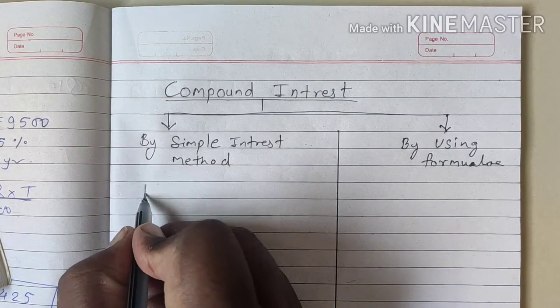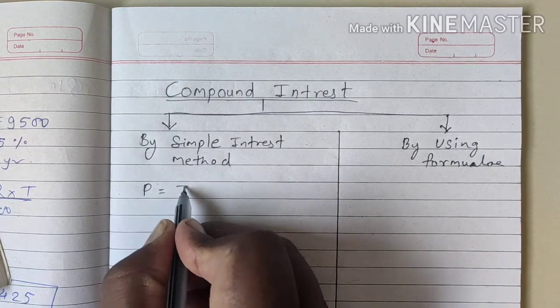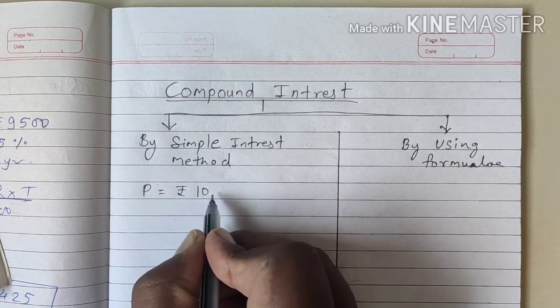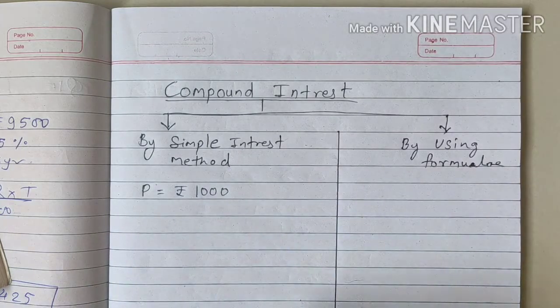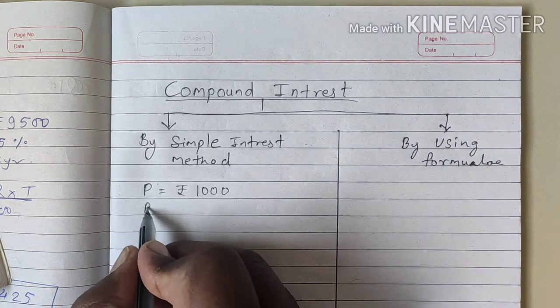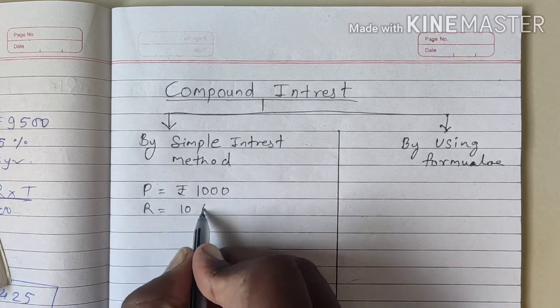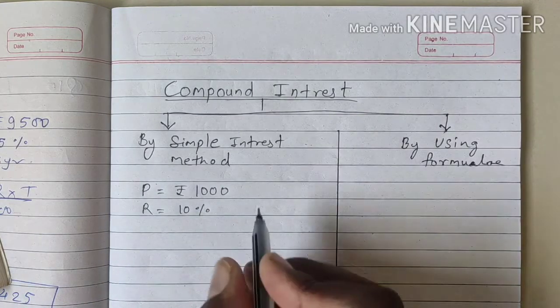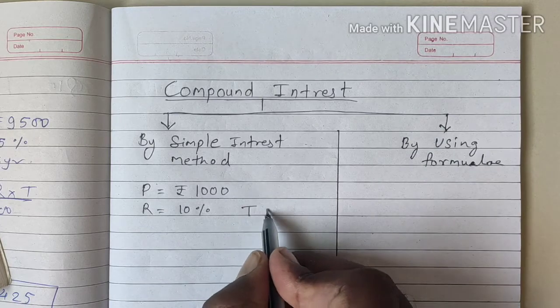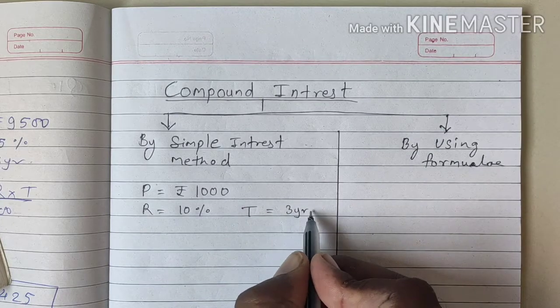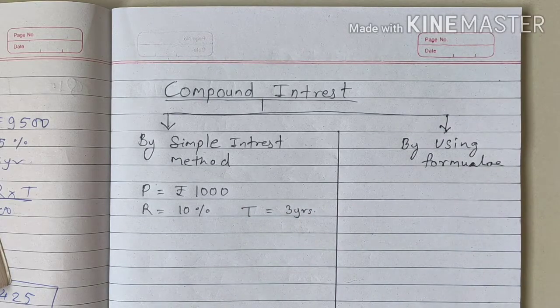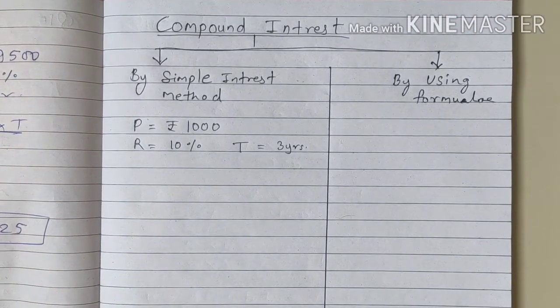Suppose the principal amount is rupees 1000, the rate of interest is 10%, and the time given is 3 years. We want to calculate the compound interest for the 3 years.